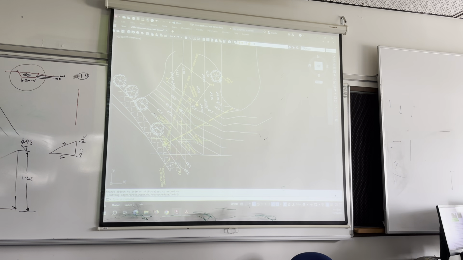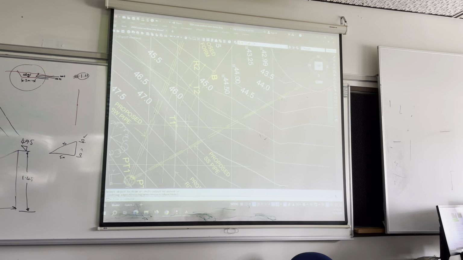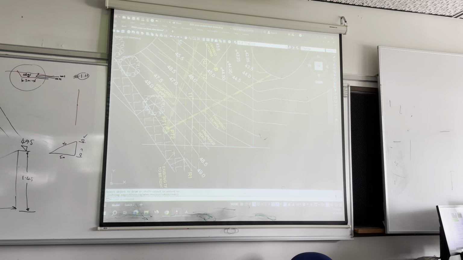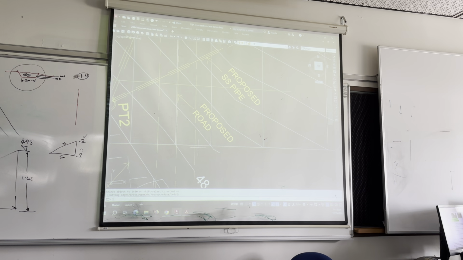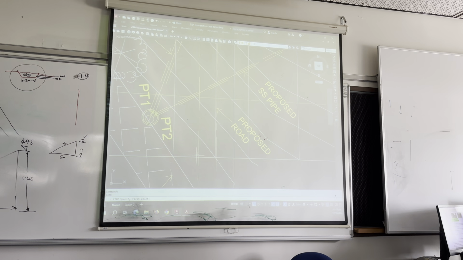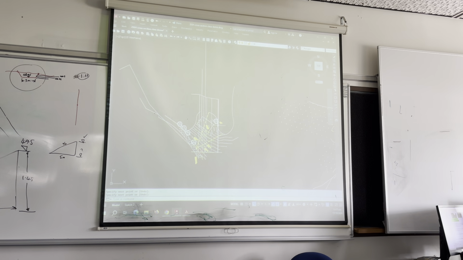Now we need to come up from the road. So here's the road. I'm going to come directly up here from the road, and I'm going to come directly up from the other side of the road. Now the level that the road is was calculated before by my friend here.